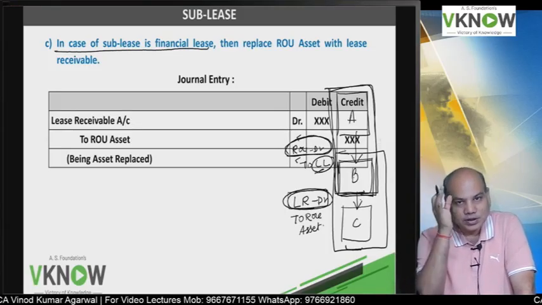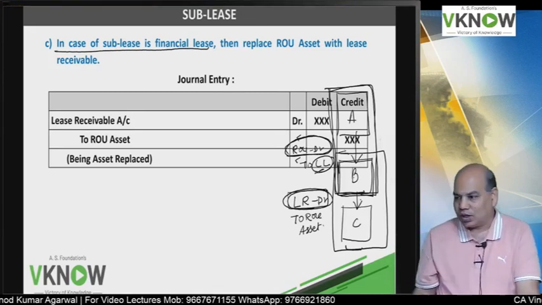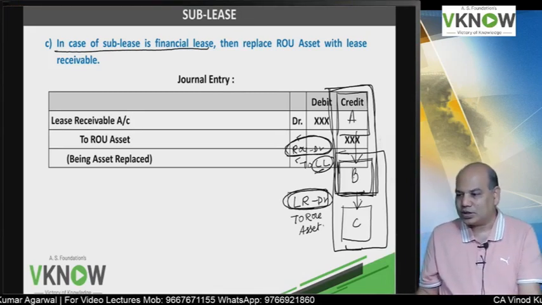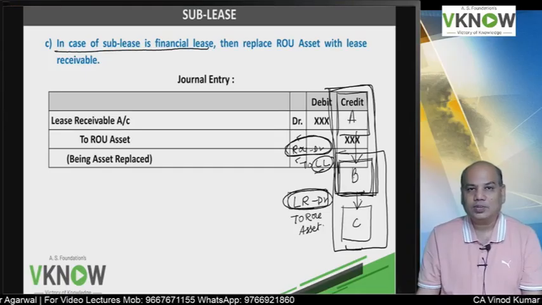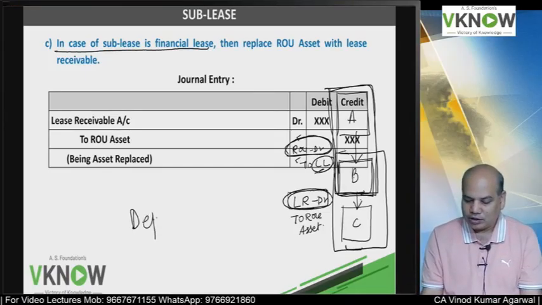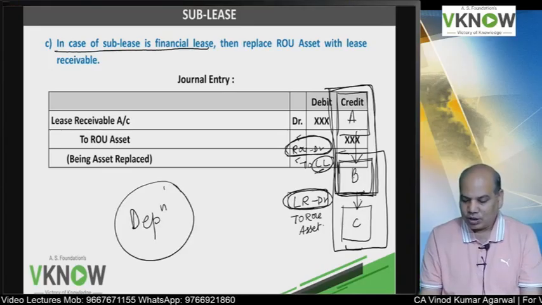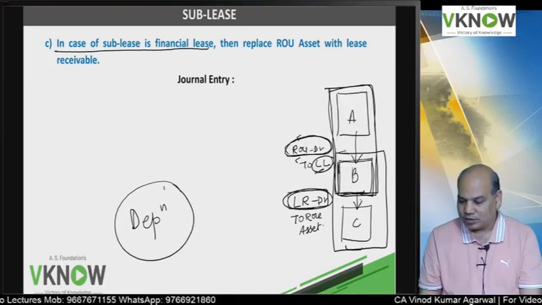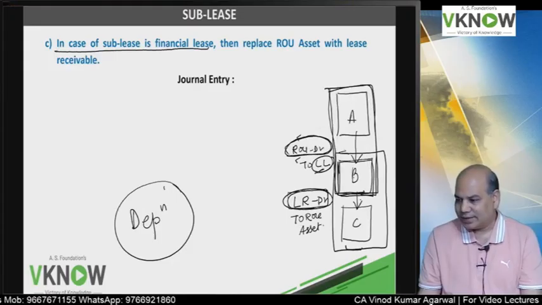What about depreciation? Can you answer? Will you provide depreciation in case of sublease being finance lease? My question to all the intelligent students sitting out there, will you provide depreciation on ROU asset? The answer is no. Sir, why no?